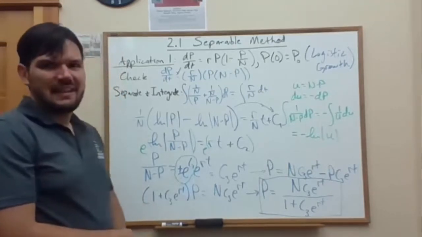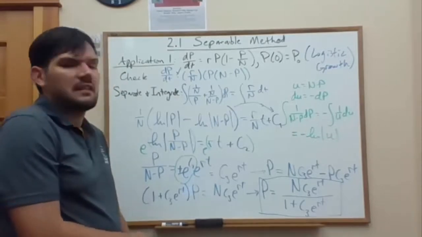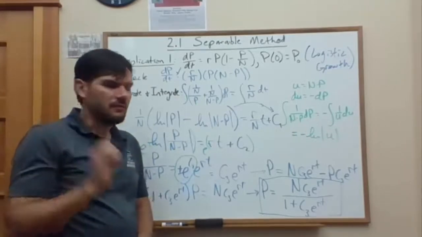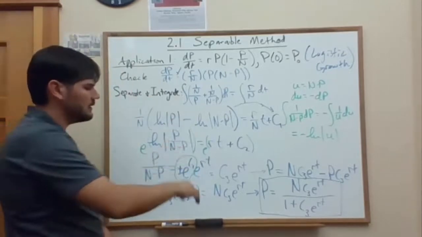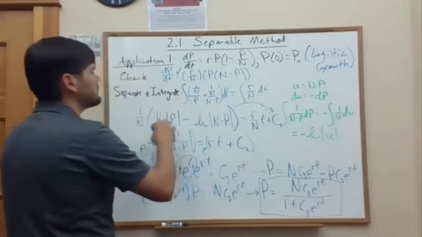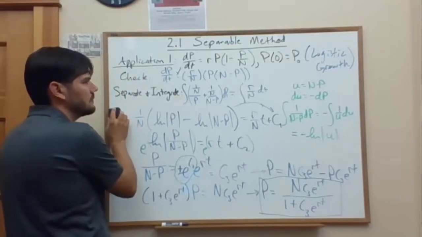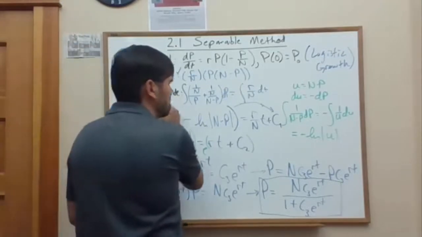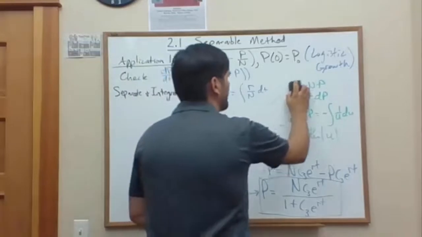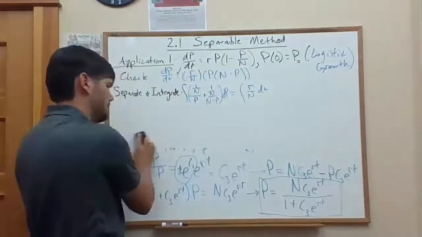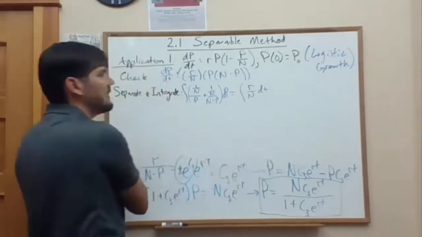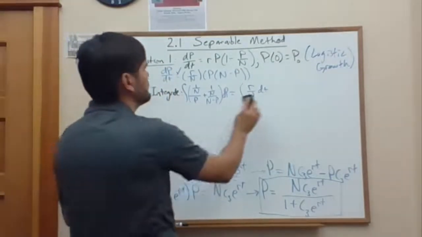Also, we have competing exponentials, but there is a way to simplify this. So, now that we solved it, I'm going to go back a little bit and see what we can do here.